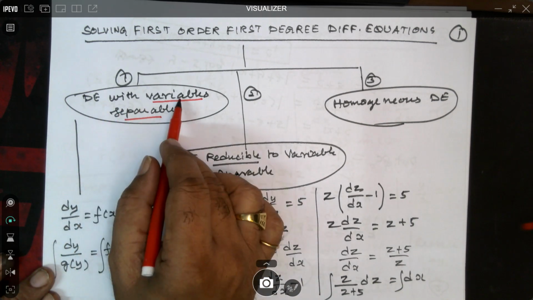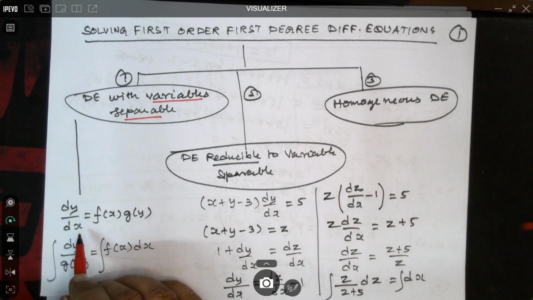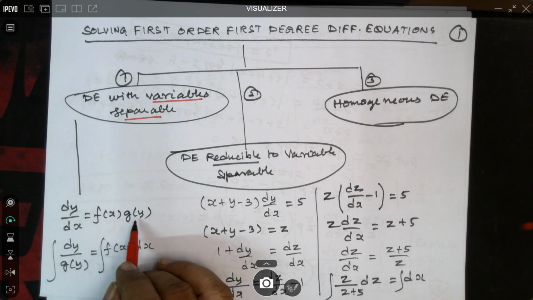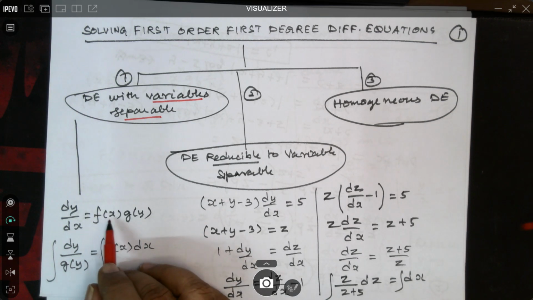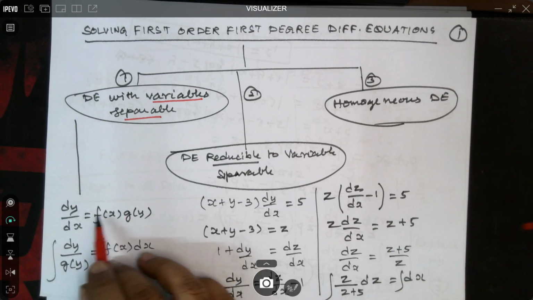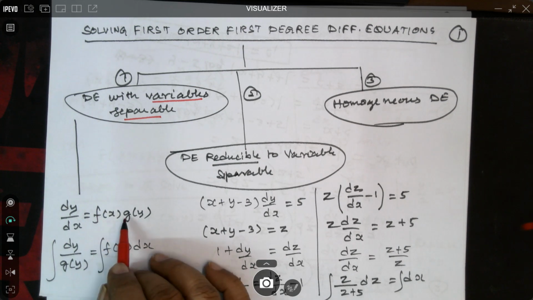Differential equation with variable separable means, let me consider dy by dx, that is the first order differentiation, equal to f of x and g of y. It means a function of x and a function of y. Since they are two different functions, they are represented by f and g.